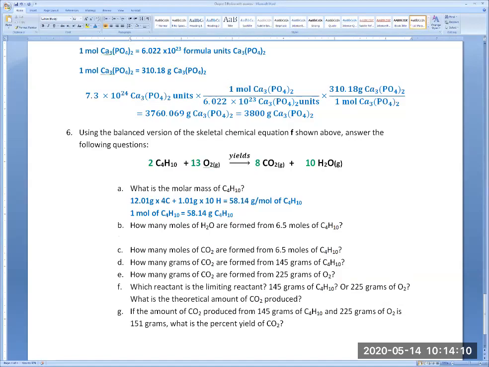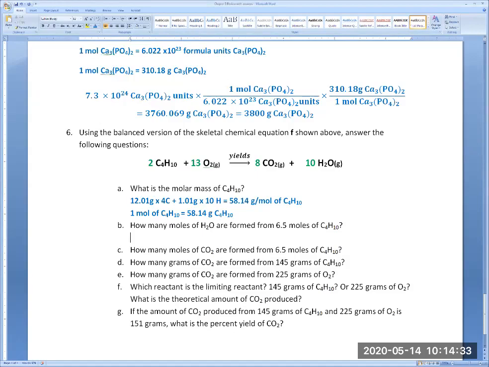It only makes sense if you have a chemical equation and those two substances are part of the chemical equation. So H2O here is a product, and we make 10 moles of H2O when we have 2 moles of C4H10. That's how you want to read this chemical equation.